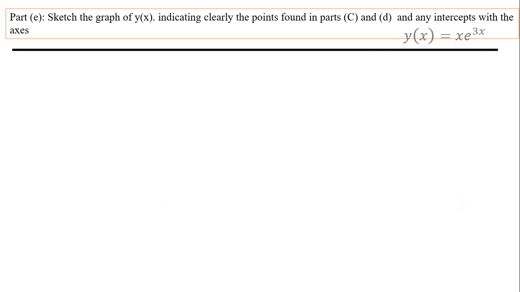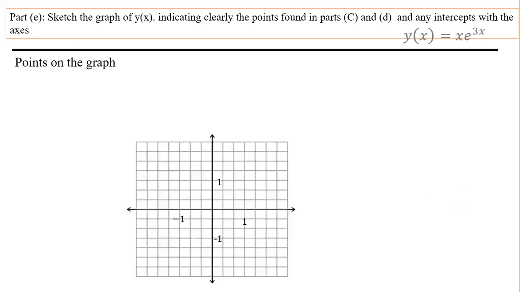Okay, in part E, we need to sketch the graph of y(x), indicating clearly the points found in parts C and D, and any intercepts with the axes. So until now, we have two points' coordinates from the graph: a local minimum and an inflection point.